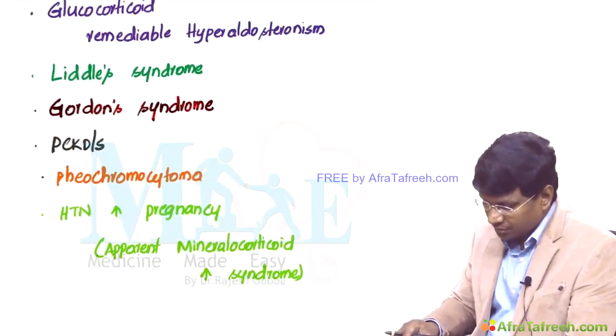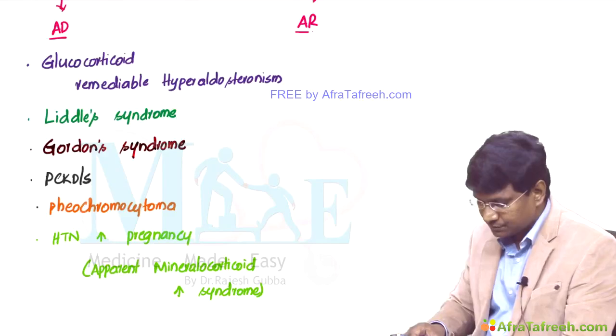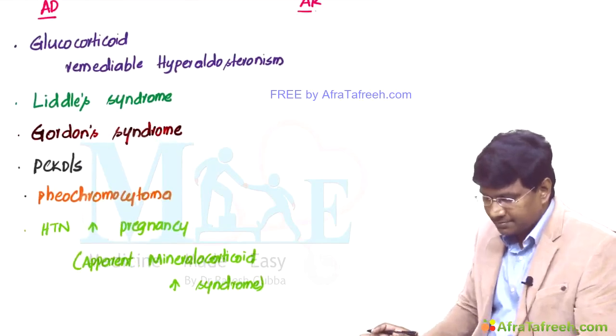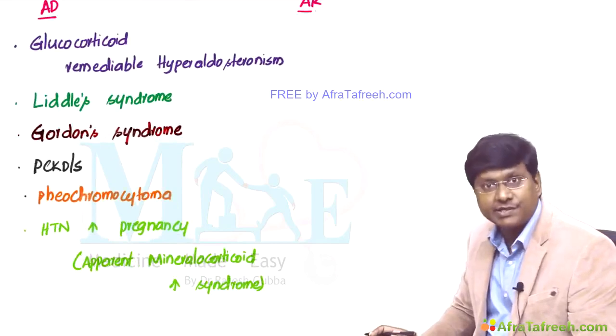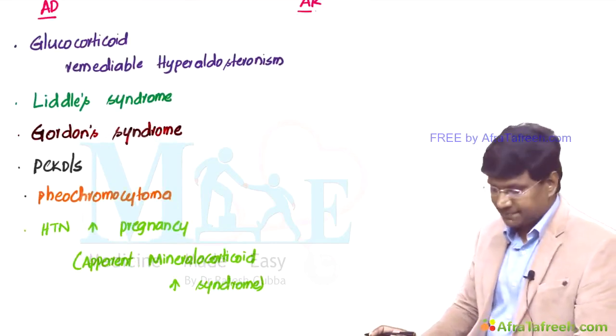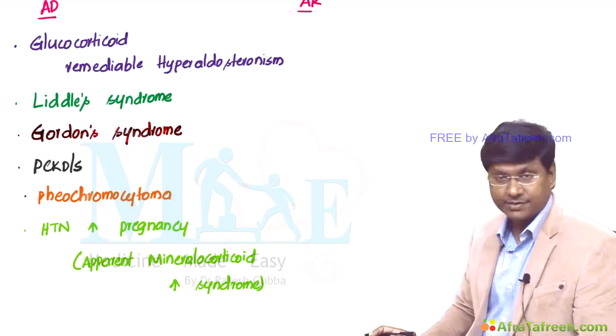So, these are all the autosomal dominant conditions: glucocorticoid remediable hyperaldosteronism, Liddle syndrome, Gordon syndrome, polycystic kidney disease, pheochromocytoma, and hypertension exacerbated during pregnancy.